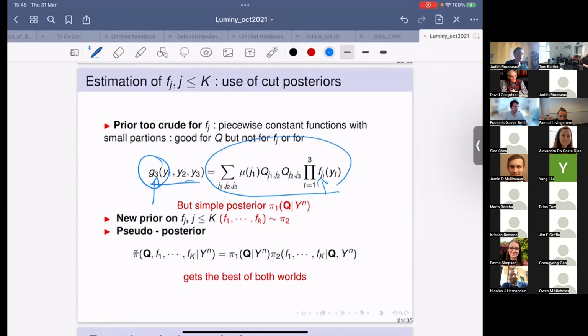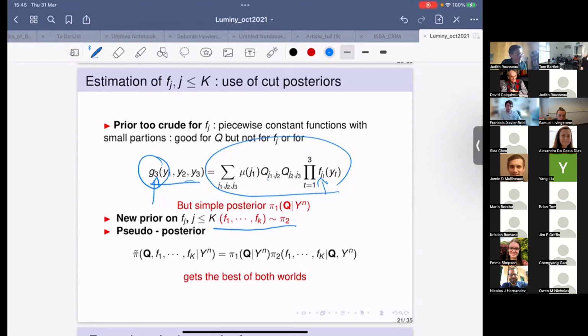And I'm going to condition on Q now. For each Q, I'm going to look at the conditional distribution of F given Q and Y by constructing a different prior for the F. So I'm sort of forgetting what I did before, and I will imagine a new prior for F. So for instance, I can use Dirichlet process mixture of normals, I can use polyatries, I can use log Gaussian processes, whatever your favorite prior is.